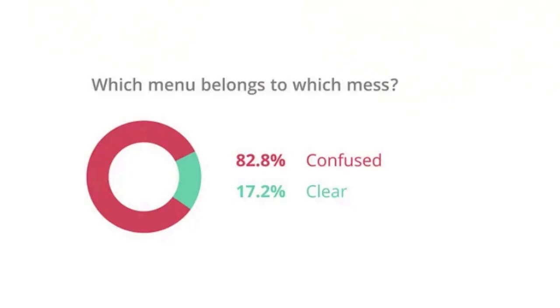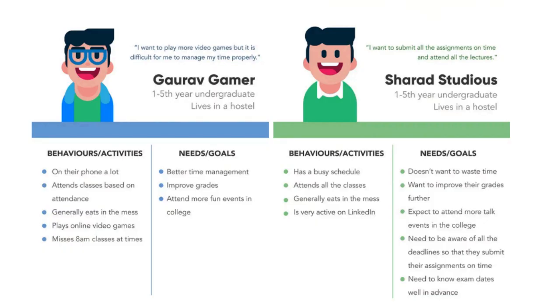The designer used a survey and his own experience to find the problems with the old apps. This found issues like hard-to-use menus and outdated looks. He also made user personas to show the different student needs.